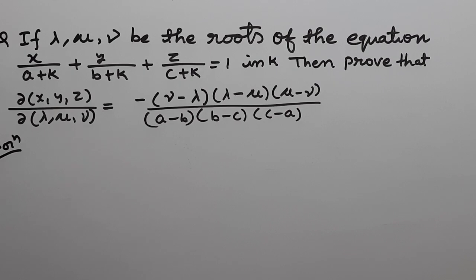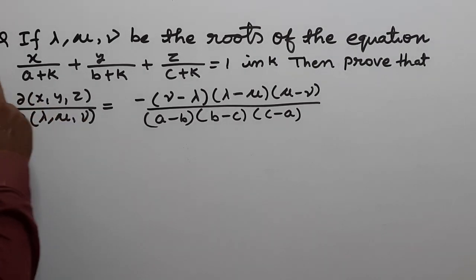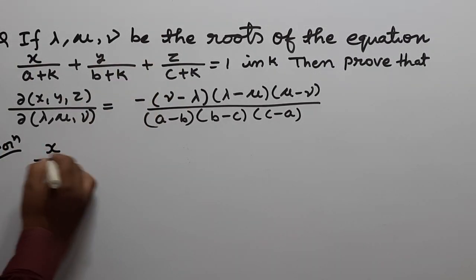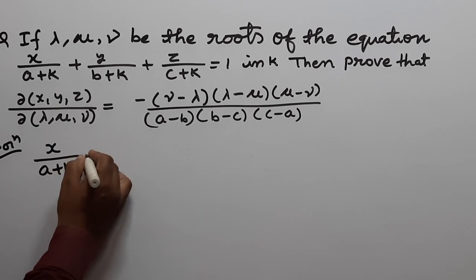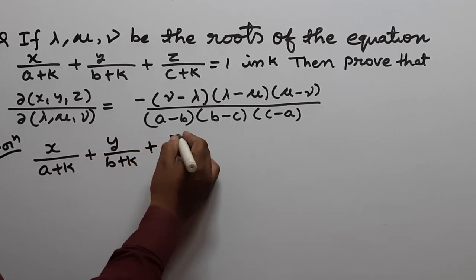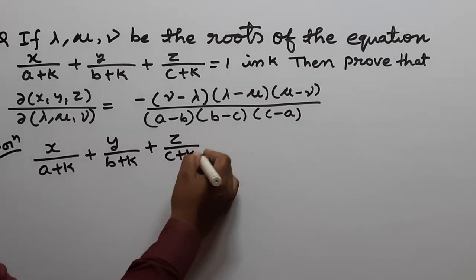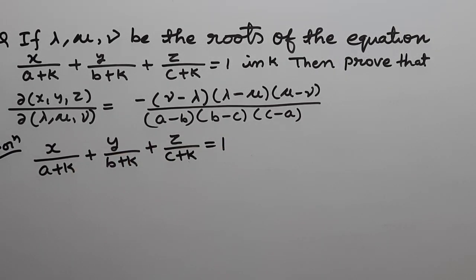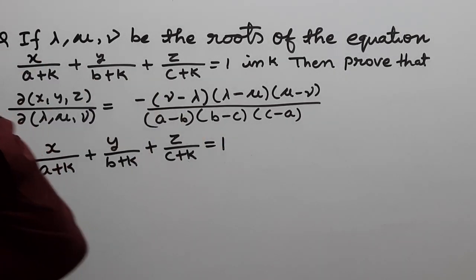So you can see here the given equation is x upon a plus k, plus y upon b plus k, plus z upon c plus k, equal to 1. Now we solve this equation.